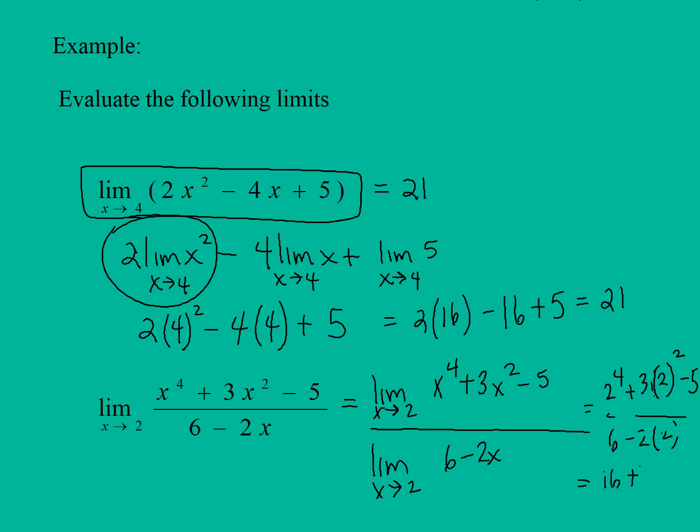So we could now evaluate this. We'd get 16 plus 12. I'm sorry, this is getting to be a little messy. The pen's not picking up properly down in the corner here.